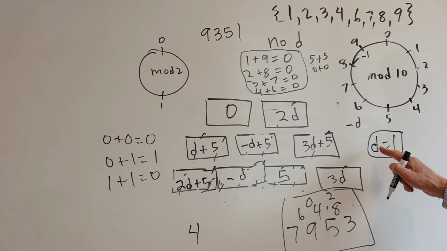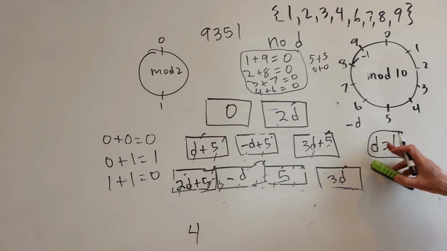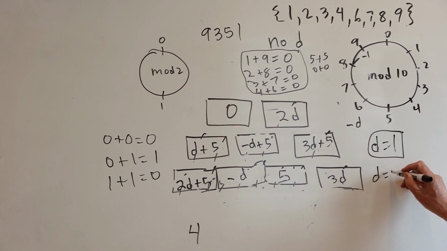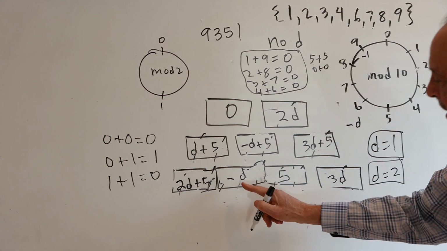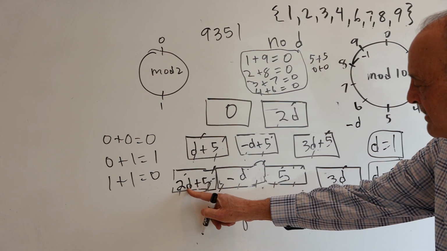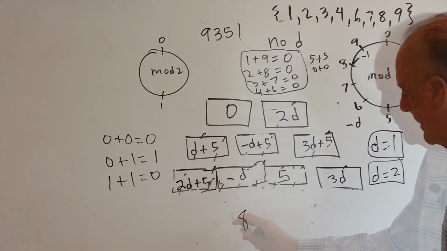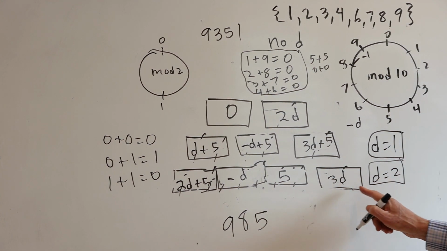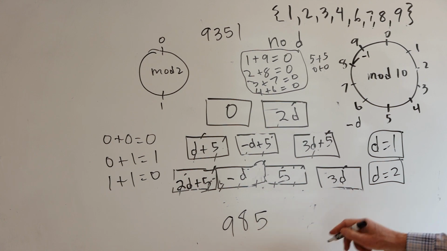So we tried d equals 1. Let's try d being an even number. Let's try d equals 2. So this would be here negative 2, which would be 8. This would be 2 times 2 plus 5, which is 9. I'll put 9 there. And then 5 is always there. And then 3 times 2 is 6.